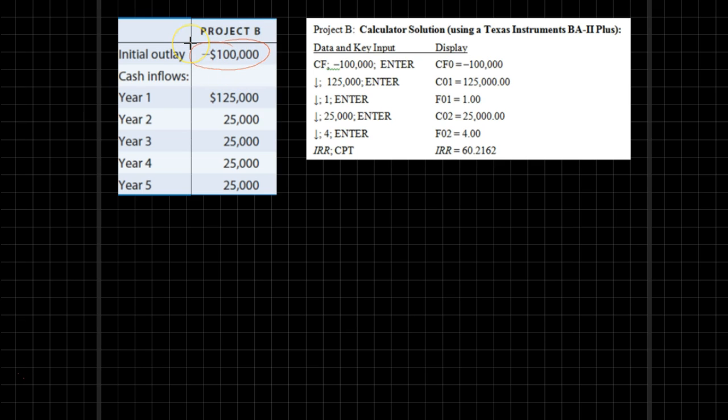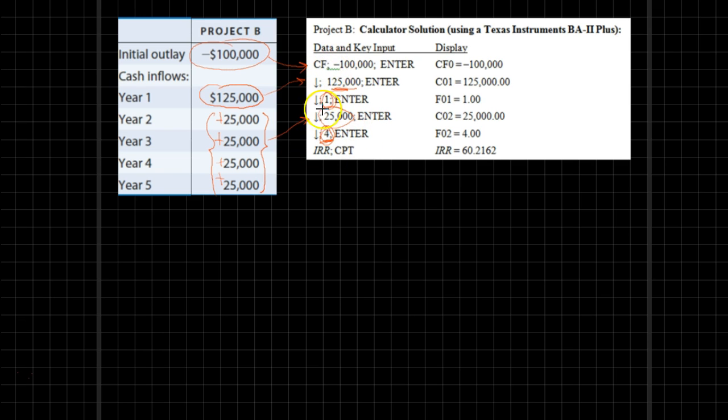The initial outlay is $100,000. That's the initial investment, and we describe it here. And then the very first year, it creates a $125,000 cash inflow, but just for one period. What is interesting, for the next 4 years, we receive $25,000 of cash flow. So this $25,000 should be followed by 4 years entered into our calculator again.